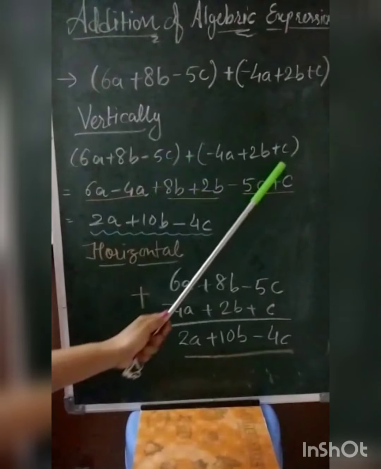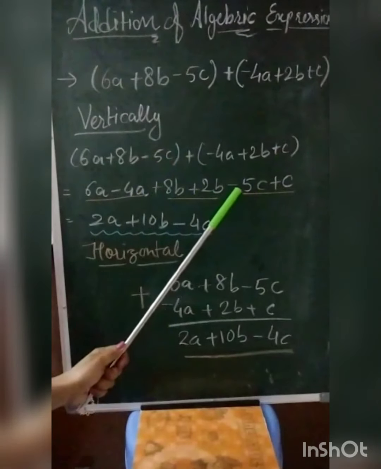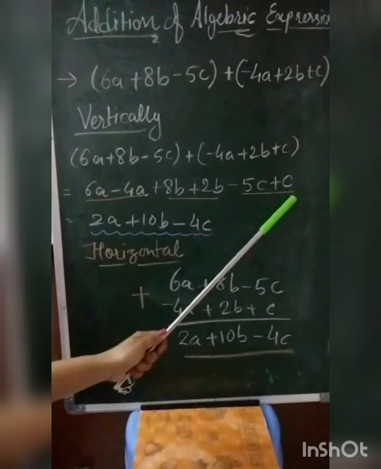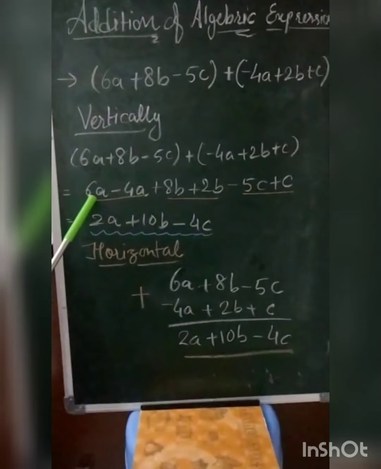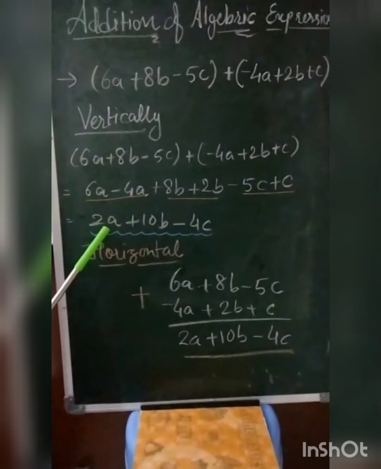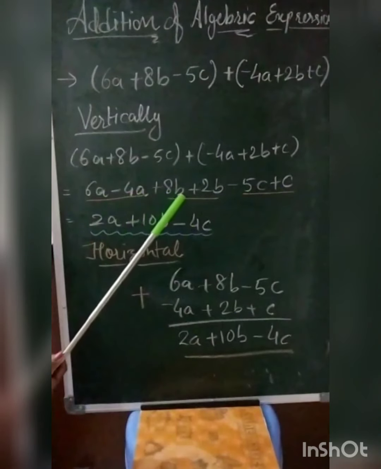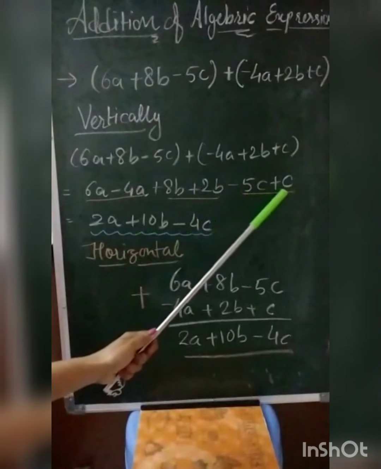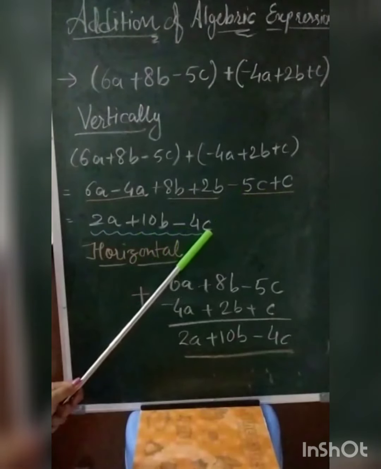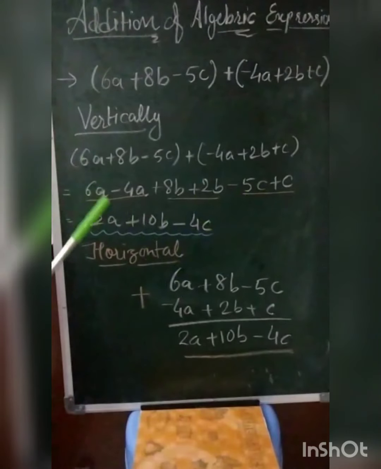Minus 5c plus c are the like terms, so we will write them together. Now we will do the addition of these terms. It will be 6a minus 4a is positive 2a, plus 8b plus 2b is 10b, and minus 5c plus c will be minus 4c.